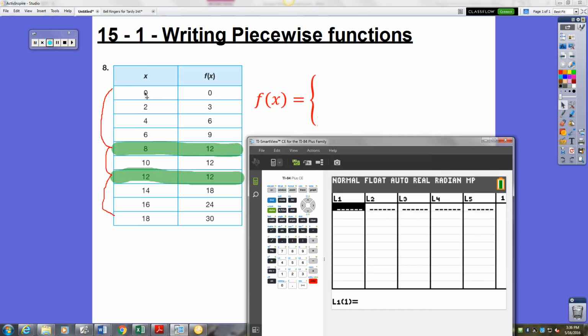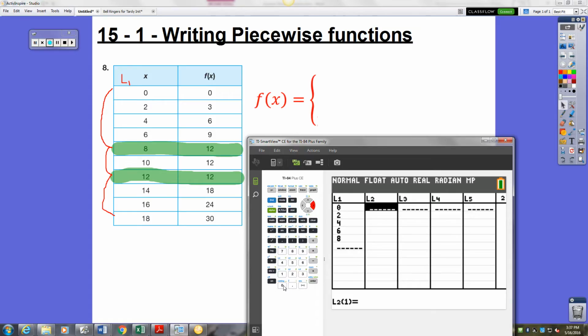So we're going to start at 0 and we're going to enter all of this data in the X column into our L1. So that's 0, 2, 4, 6, and 8. The highlighted row should always be the beginning and ending, so it's going to be the ending this time.